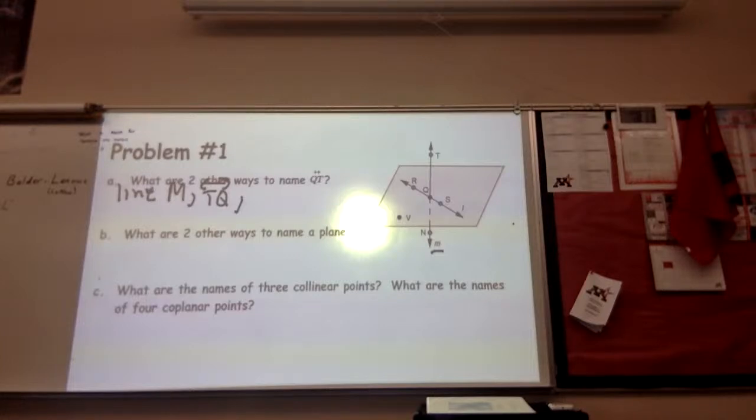But those 3 points have to be on that plane. So could I choose point N or point T? No. But I can choose any of those other points, point B, R, Q, and S. So if I'm going to do that here, I'm going to say the little box thing, and I'm going to just choose 3 points. So B, R, Q.